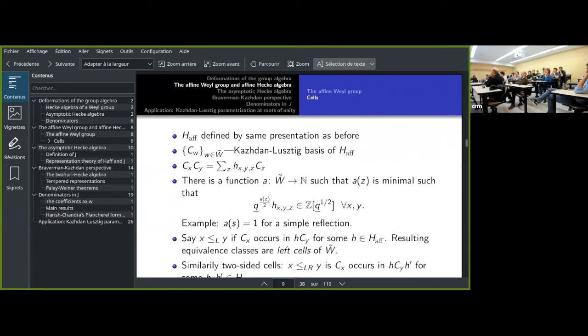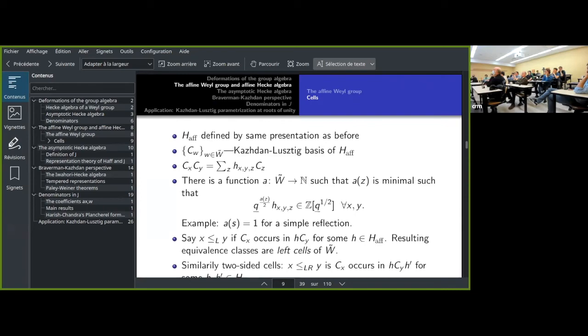Likewise, you can do this for the two-sided cells: everything you can get by multiplying on the left and the right against some fixed element is less than it in this pre-order. The left and two-sided cells, as well as the right cells with the obvious definition, partition the affine Weyl group and show up frequently in the combinatorics of Coxeter groups.